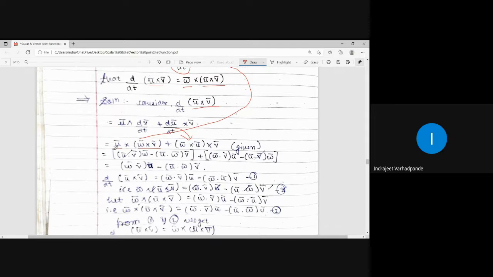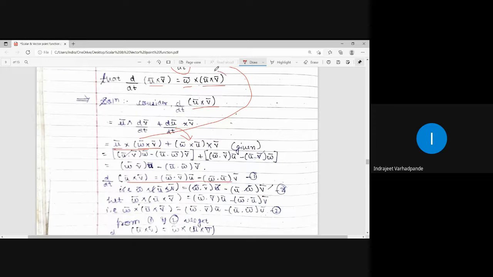Now applying the vector triple product and the expansion formulae, I am getting the result as w dot v into u bar minus u bar dot w into v bar. So accordingly we will be simplifying and getting the answer, but this is not directly giving you the expected result, so call it as equation number 1.